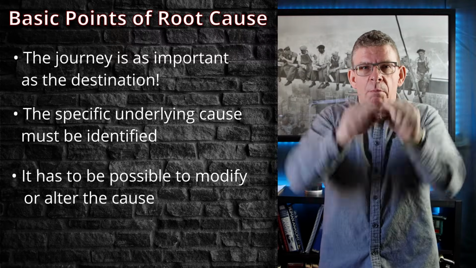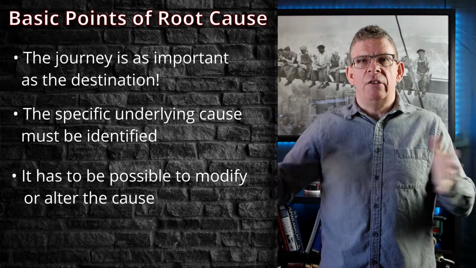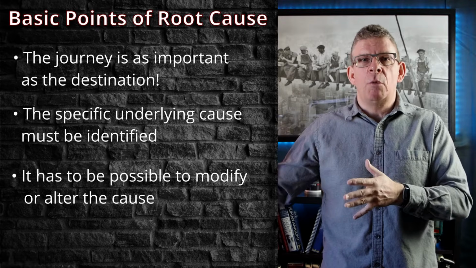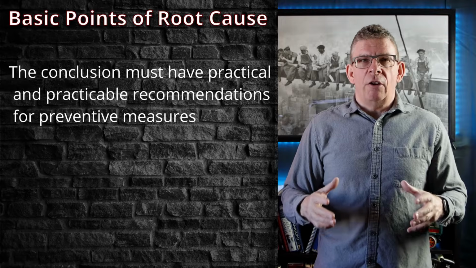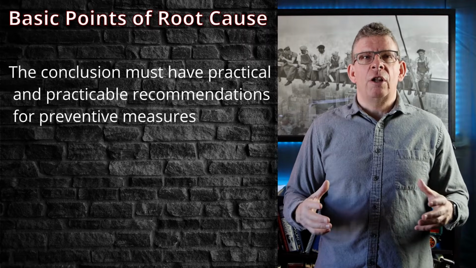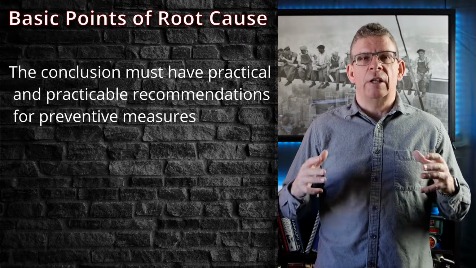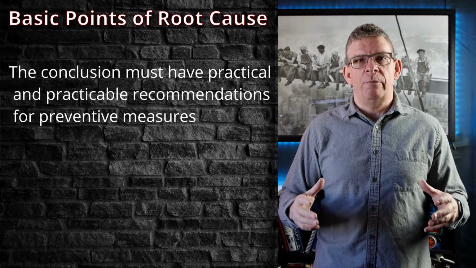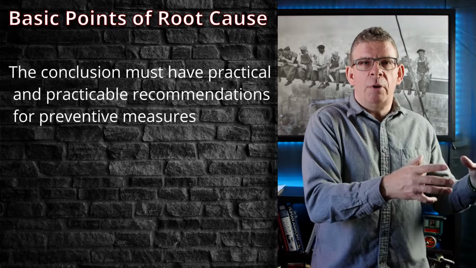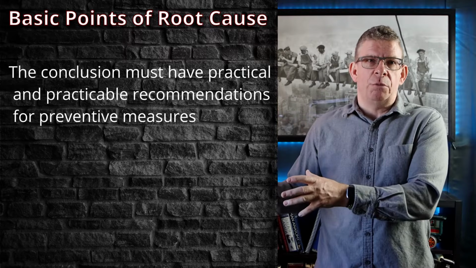In other words, break the chain and the events will no longer occur, or they won't occur again. And finally, when you're done, your conclusion has to involve some practical and practicable recommendations and processes for preventive measures. In other words, what you put in place has to eliminate the root cause in an effort to prevent something like this ever occurring again.